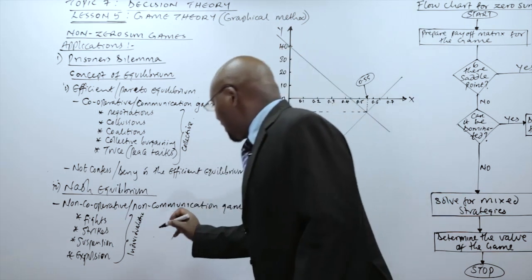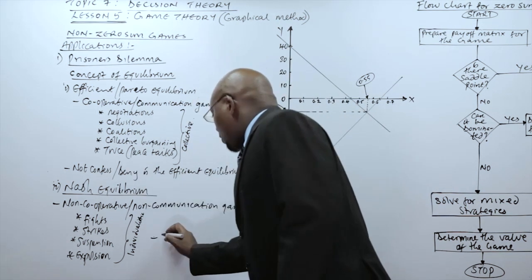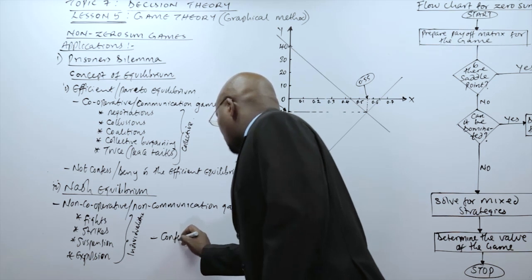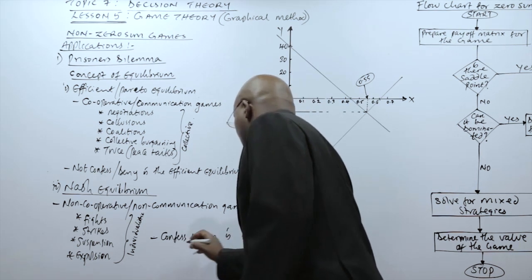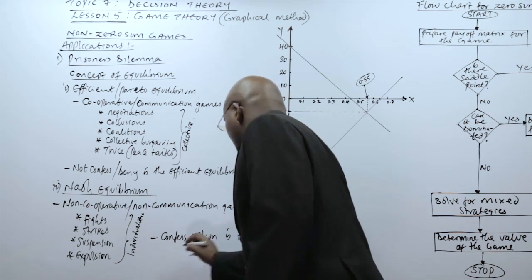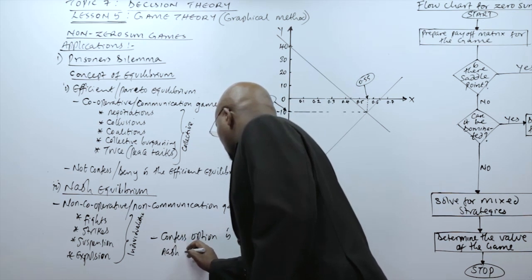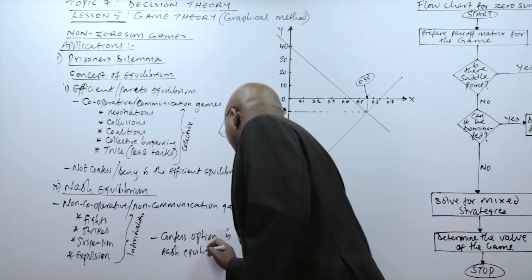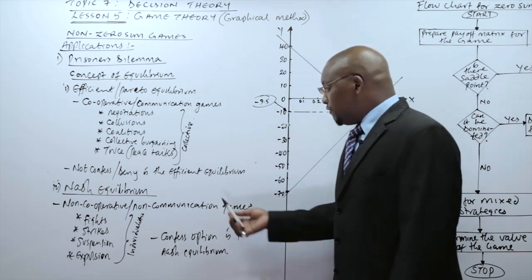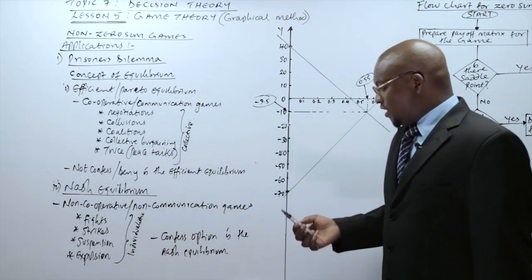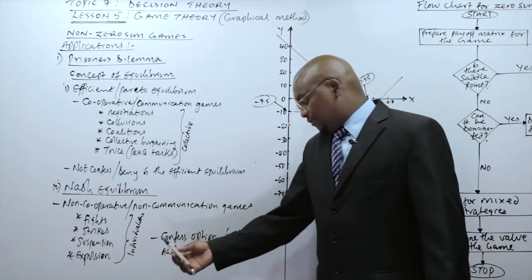And normally we say that the confess option is the Nash equilibrium. That's the outcome. The confess option of this game, the prisoner's dilemma, is always the solution, which is the Nash equilibrium.